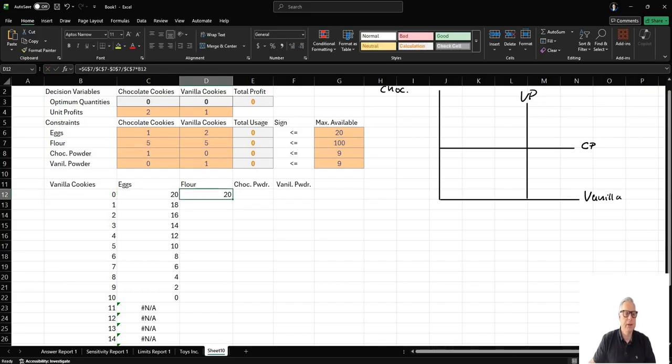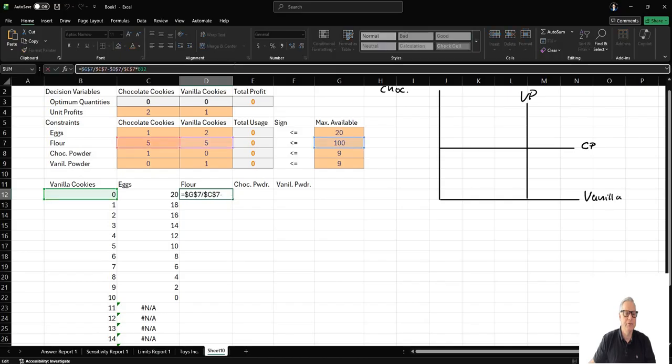Okay, so now we put again an IF around. If this evaluates to less than 0, then N/A, else, if the value is false, we just use this formula.